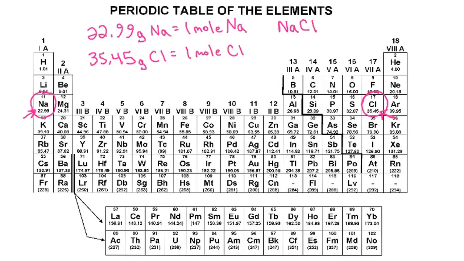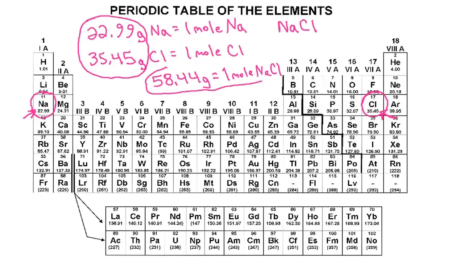So if we take the 22.99 grams plus the 35.45 grams, we get 58.44 grams total, which gives us 1 mole of sodium chloride. So 58.44 grams is going to equal 1 mole of sodium chloride.